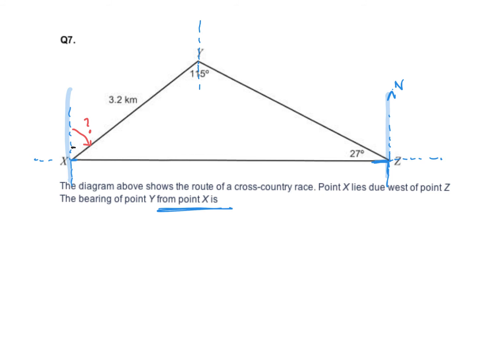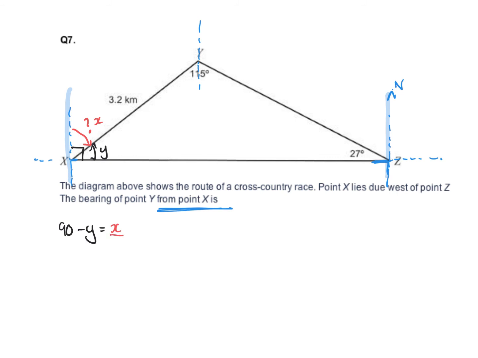Because we know this is due west, we know that's 90 degrees. So if I call that one X, and this one in here Y, we could see that 90 minus Y will equal X, and that's going to be my bearing.